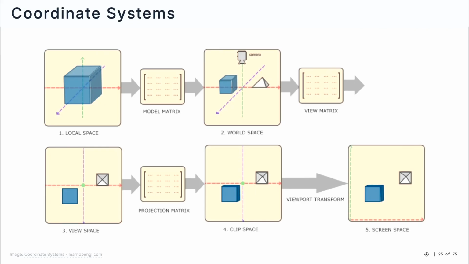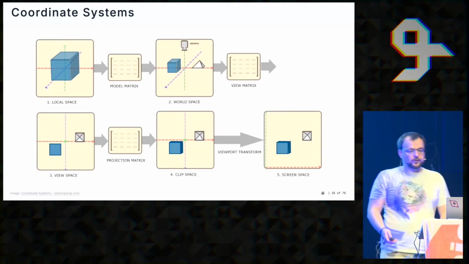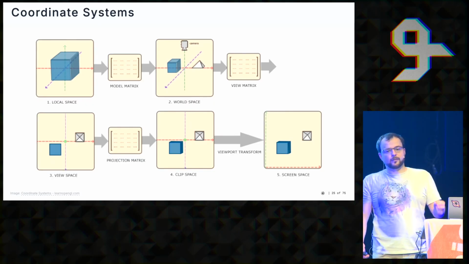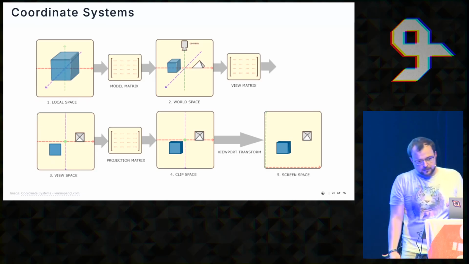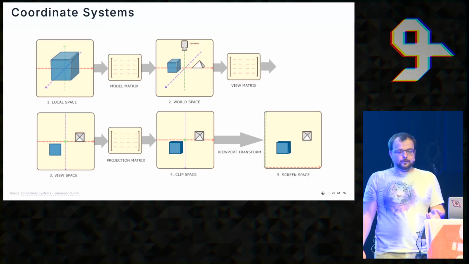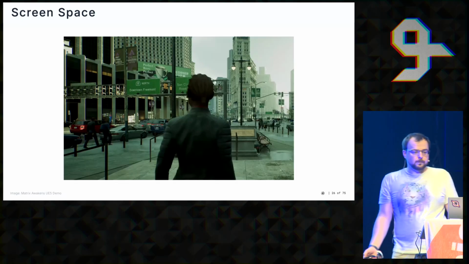Then we apply another projection matrix and the perspective division, if we want it, to end up in so-called clip space. This is normalized from -1 to 1 in all dimensions. So we just perform some simple rescaling operations to bring it into screen space, which is just the screen coordinates. And that would be something you can see on your screen.